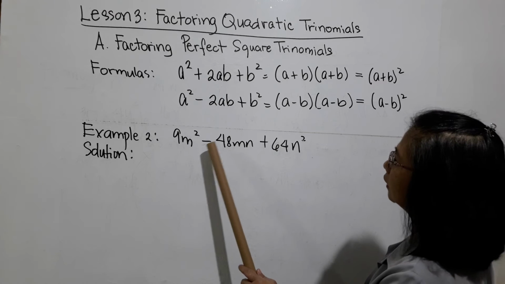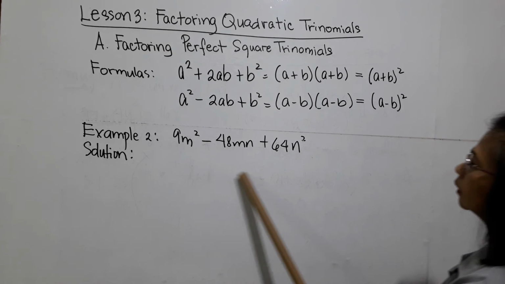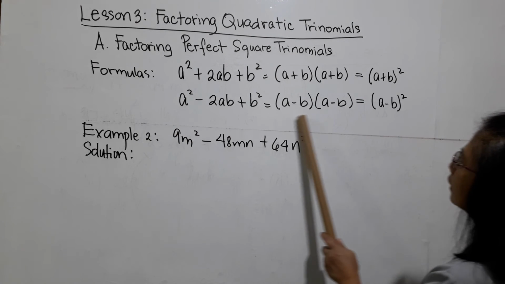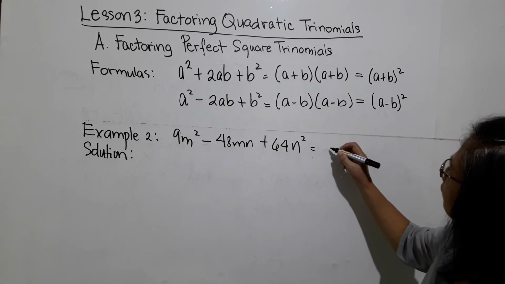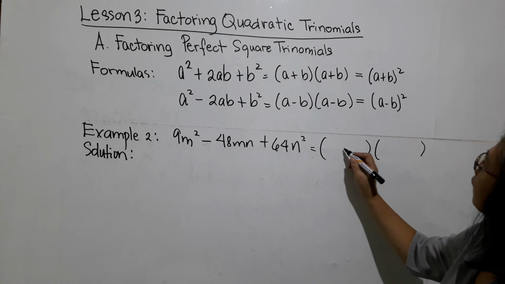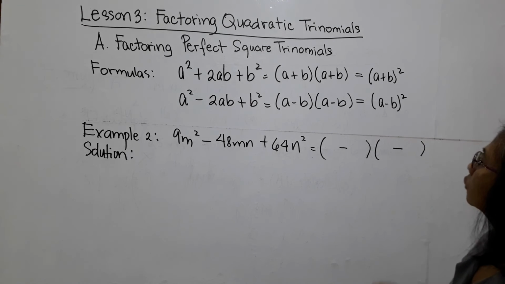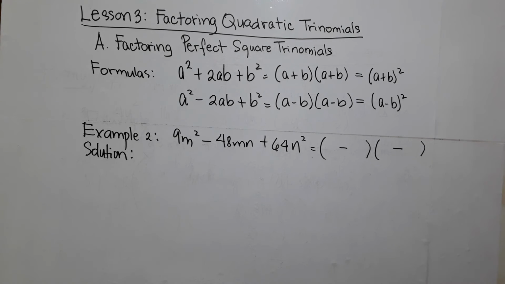Since this trinomial follows the second formula, the signs in the factors should be subtraction or minus sign.